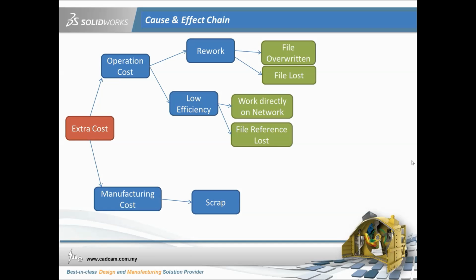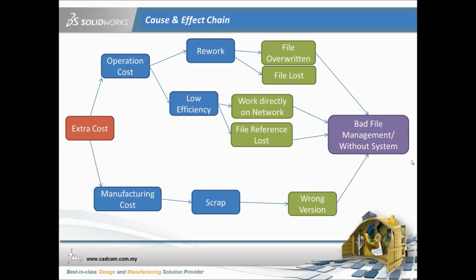Scrap might be due to using a wrong version, and all of this is because of bad file management or not having any system. Let's have a look at a video and see how EPDM can help in SolidWorks file versioning management, since we have gone through the 3 common office issues.